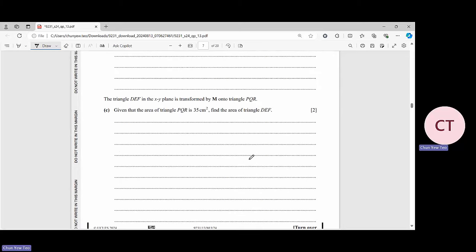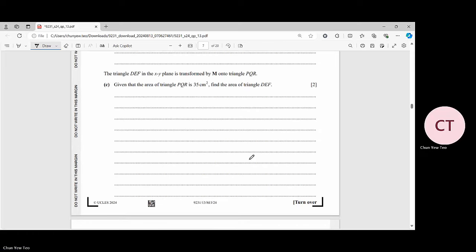Moving on, we have question 3c. Area of triangle DEF transformed by M, and it will become triangle PQR. So this is the object, this is the image, and M is the transformation. They are telling you that the area of the image is 35 cm squared.